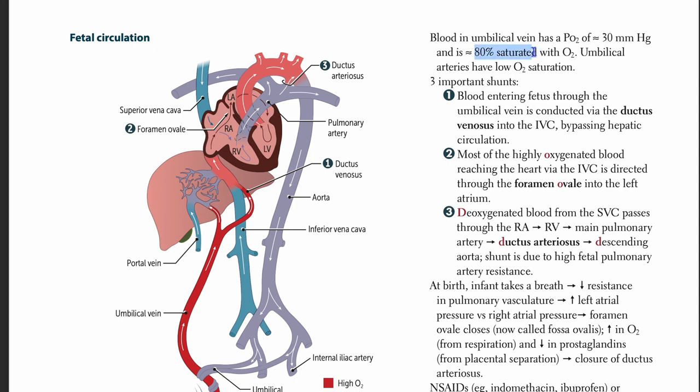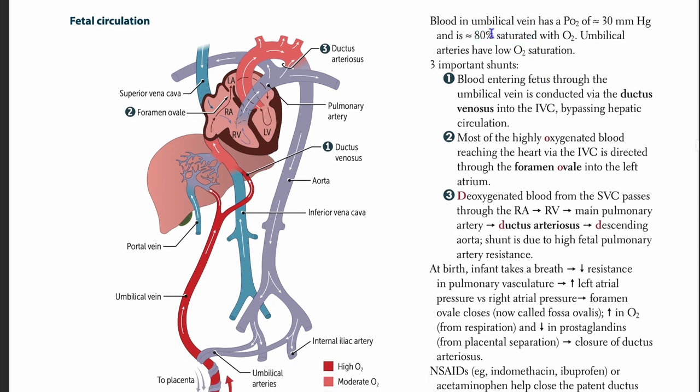This is why mothers during pregnancy have increased blood volume, hypertension, increased GFR, and all that stuff, to reach this. So they increase blood mass, blood volume, everything to have this happen.